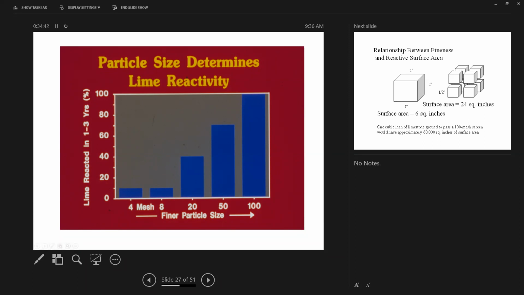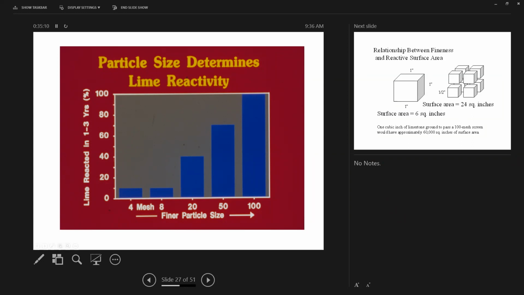So 4 means there's 4 holes per linear inch, 20 means 20 holes per linear inch, and 100 means 100 holes per linear inch. So this is really fine material, and this is more coarse. Not quite a quarter inch, but this is pretty good size stuff, maybe a little bit bigger than dense grade material you'd put in a driveway.